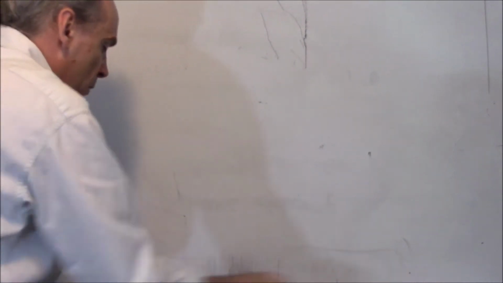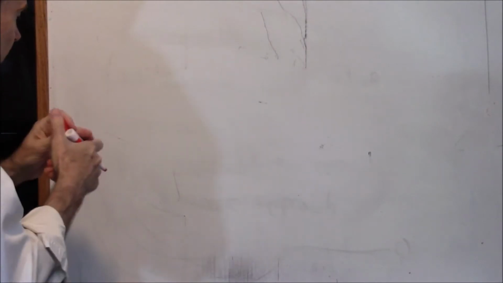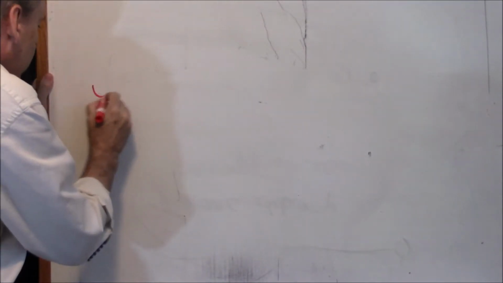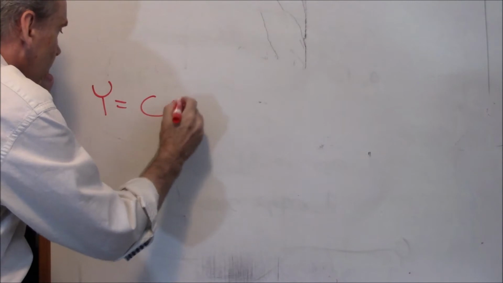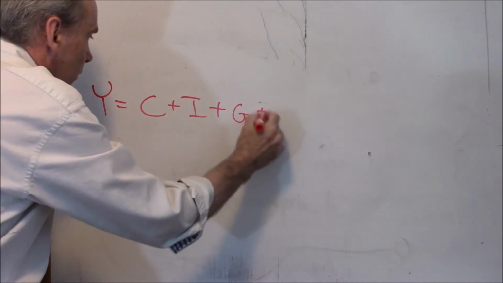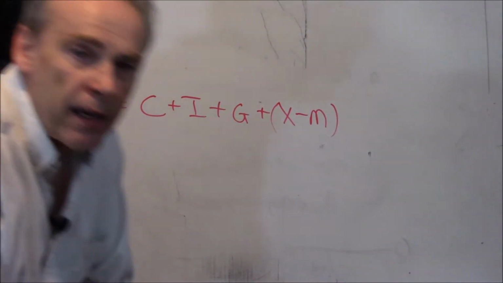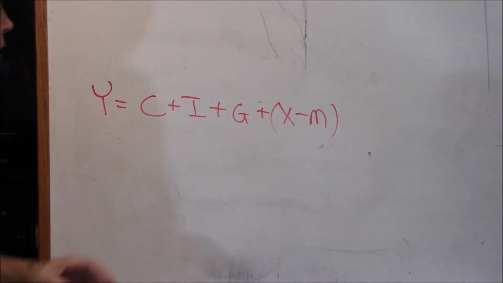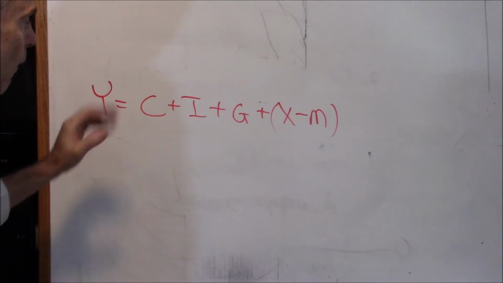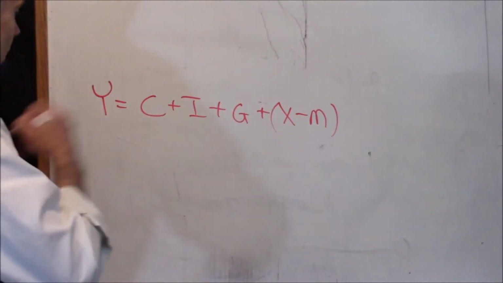Let's think about it as expenditure for a moment. The way we calculate expenditures, the way we define GDP, is it's composed of 4 different kinds of expenditures.